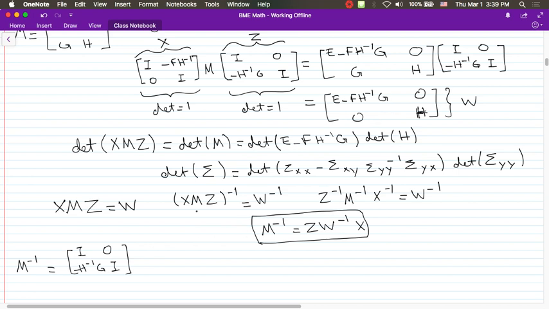So here's W. Its inverse is E minus F H minus 1 G inverse, 0, 0, H minus 1. That's W inverse. What's X? Here's X.